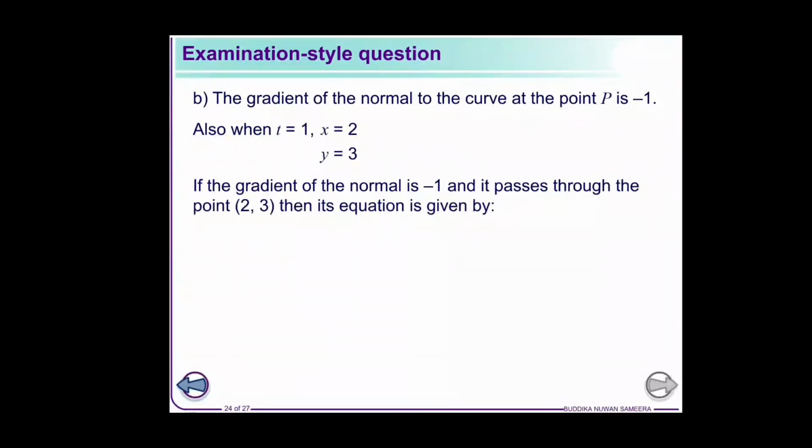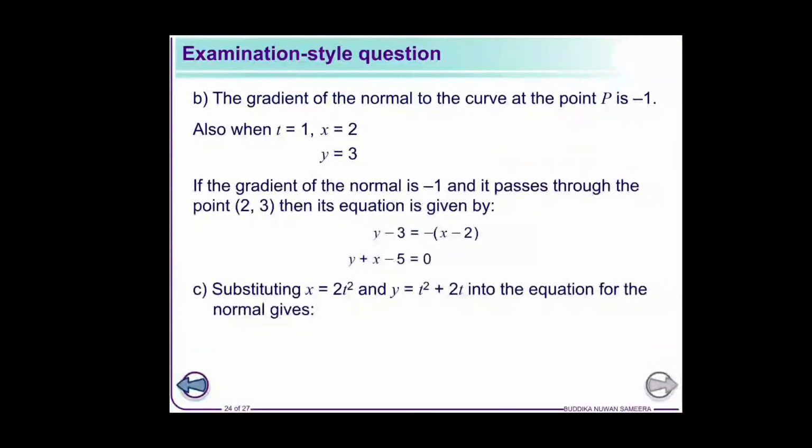So then you can easily find the equation of the normal, that is y minus 3 equals the gradient times, or else minus 1 times x minus 2. So when you simplify, the answer is y plus x minus 5 equals 0.